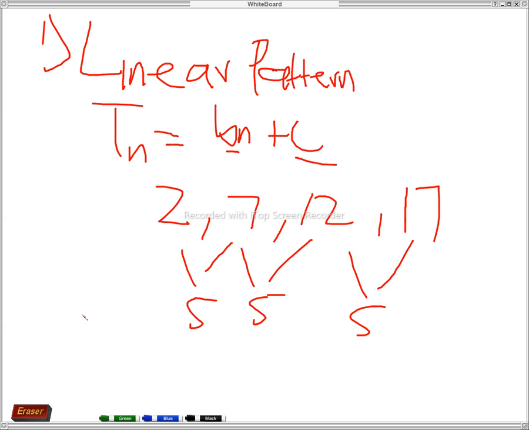B is the difference on this linear pattern, so B is equal to 5. Then we determine the value of C so that we can get the general formula. We simply say B plus C.